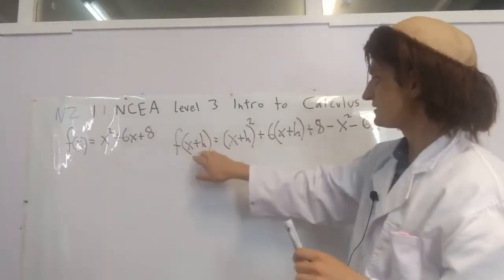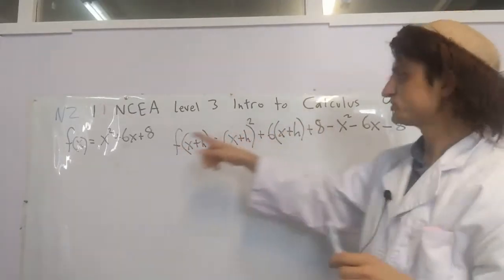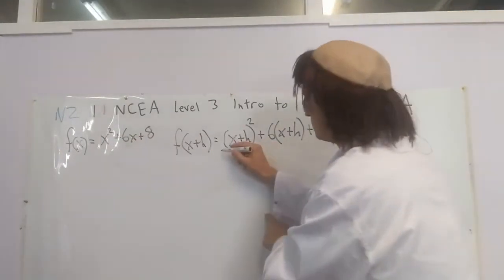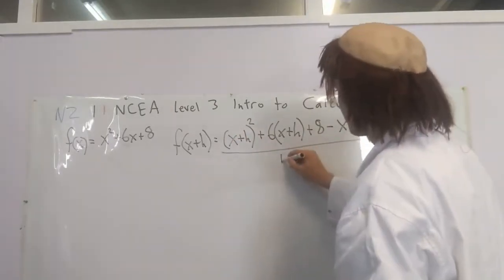So f of x plus h goes all the way up to here. Then we subtract f of x to get that. And then we have to put it all over h.